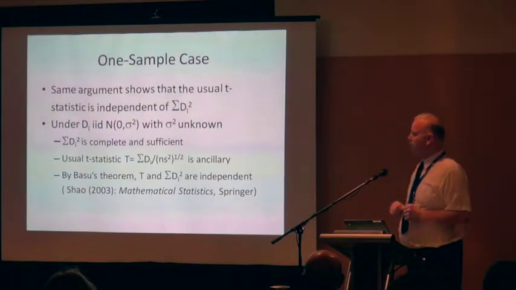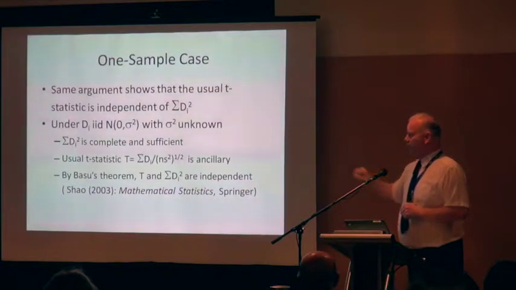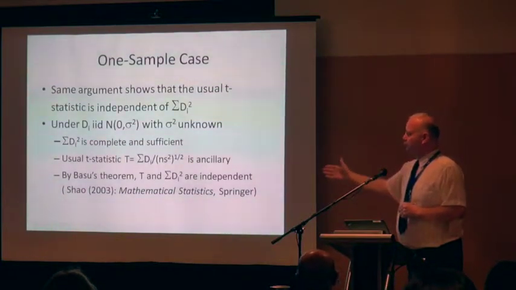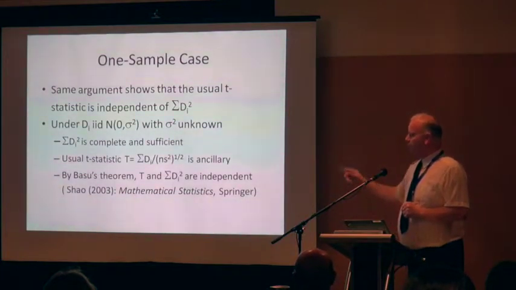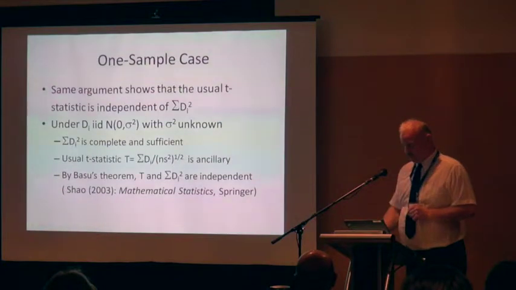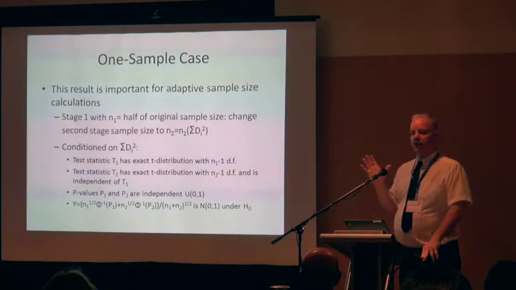If you divide all the d's by sigma, it doesn't change that T statistic. So by Basu's theorem again, the ordinary T statistic and the sum of the di squareds are independent. This is actually in Xiao's book on mathematical statistics. So why is any of that important?